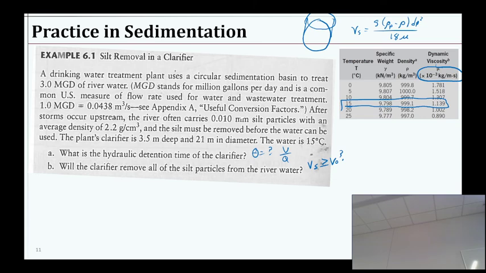You have the flow rate, you have the volume of the reactor, also given. Theta becomes pretty straightforward. Theta's literally just volume over Q. Yeah, part A is a warm up.